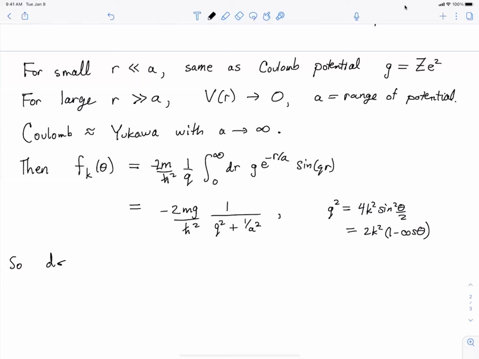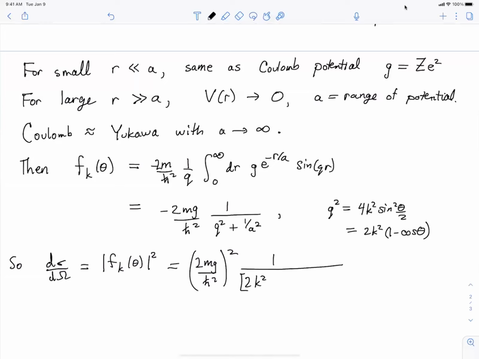So the differential cross section is this thing squared. And so the 2mg gets squared. The minus sign goes away. And then what's left here is 2k squared, 1 minus cosine theta, plus 1 over the range, 1 over a, all of that squared.